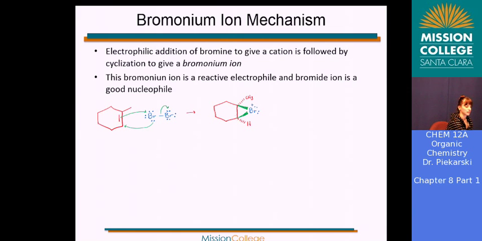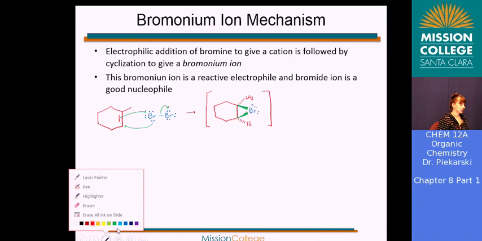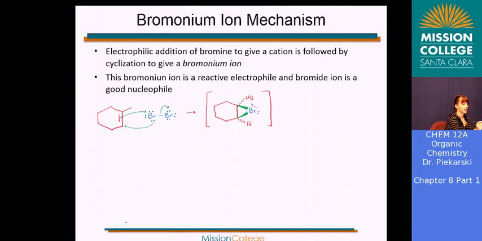Because these are sp3, two in the plane, one bold, one dashed, right? So this is called the bromonium ion intermediate. And we can put brackets around it. We also created a bromide ion that I will also draw here. It's going to come back into play.